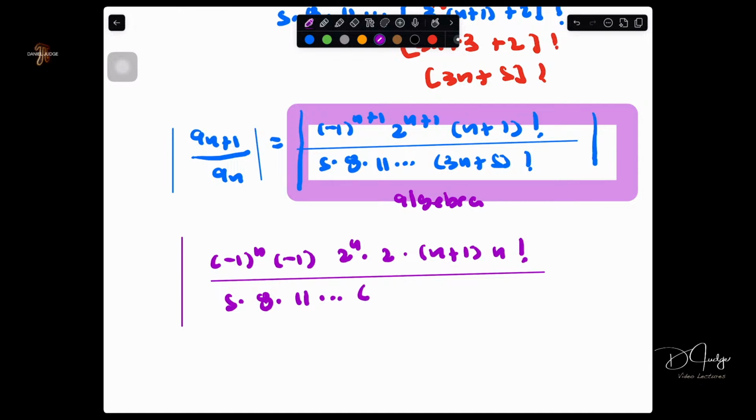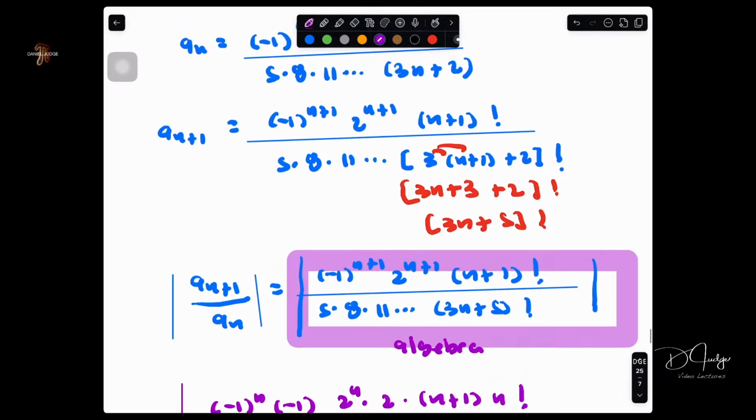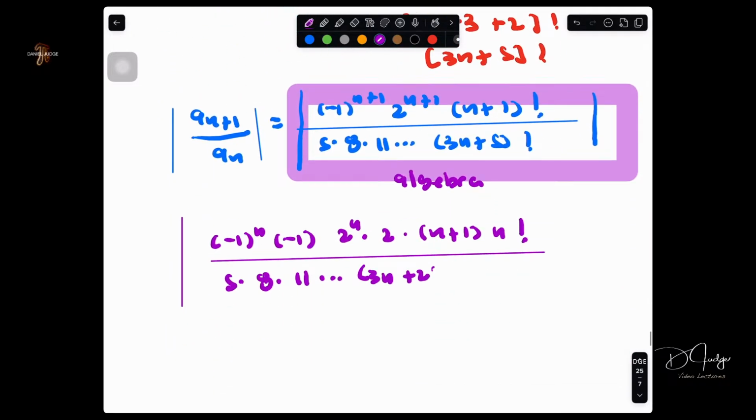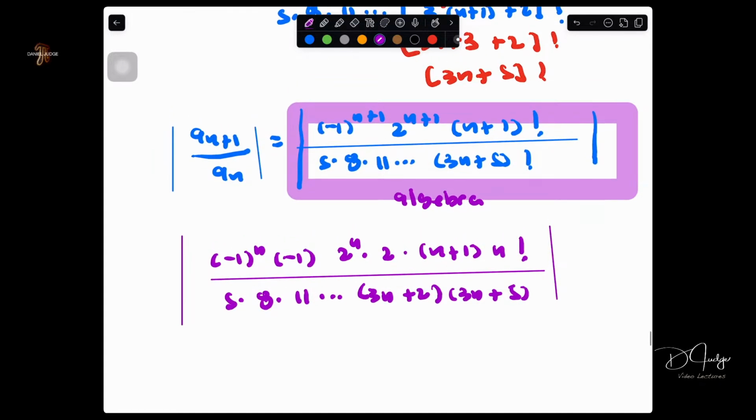But before that, you had the prior term, 3n plus 2. And the next term will be that 3n plus 5 over here. Okay. Now, cancellation.